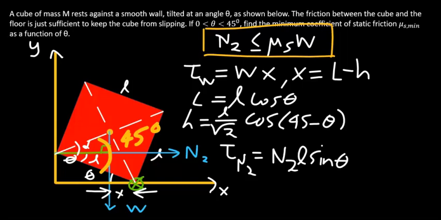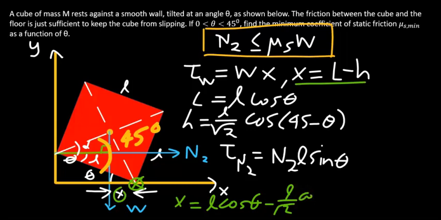So now we have a complete expression for little x, which is that distance. So x equals L minus h. L is little l cosine theta, minus h, which is l over square root 2 cosine 45 minus theta.